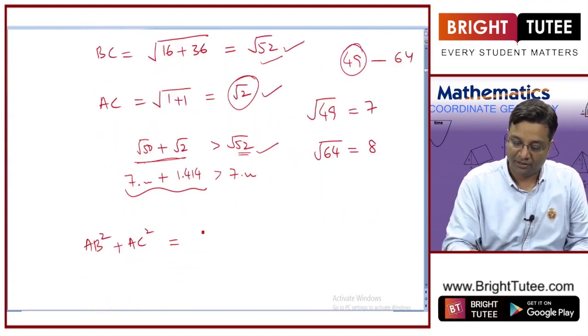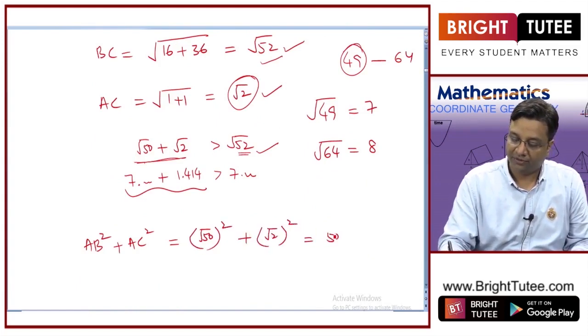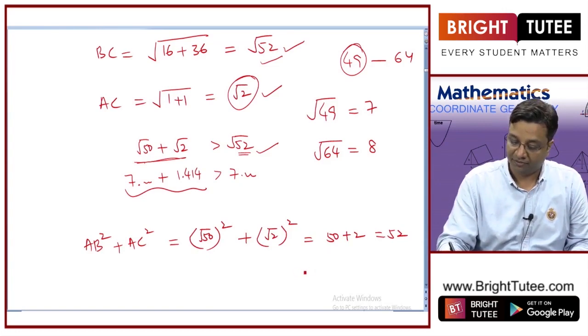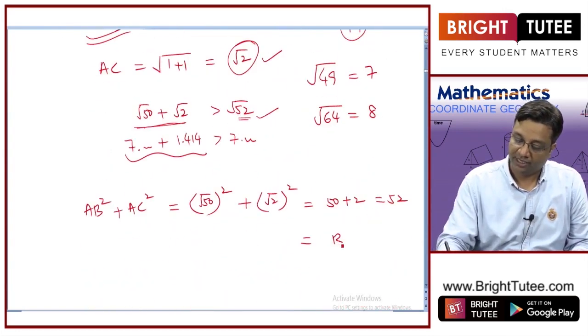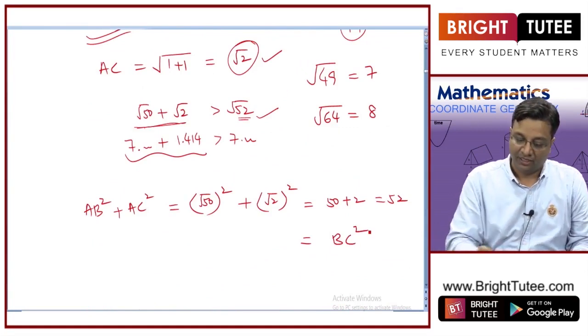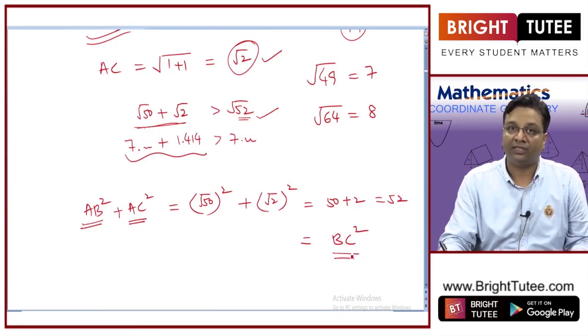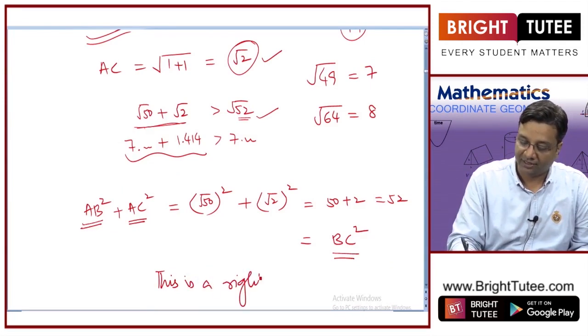AB is root 50, squared, AC is root 2, squared, so it will give me 50 plus 2, which is 52, which is nothing but square of BC. So I can write it as BC squared. So sum of squares of 2 sides is equal to square of third side, hence we can say this is a right angle triangle.